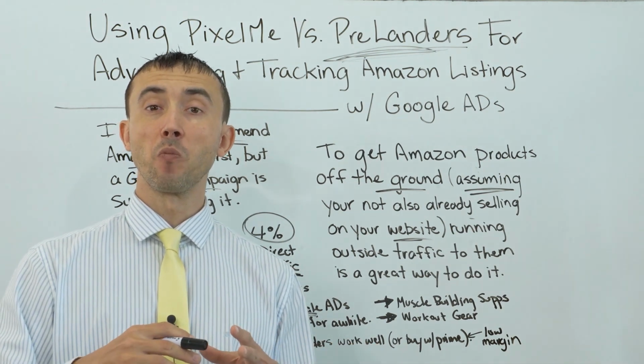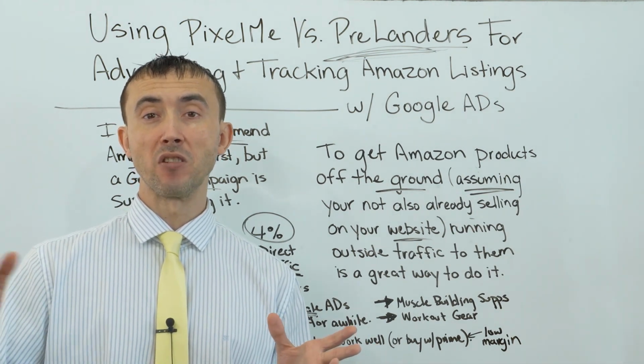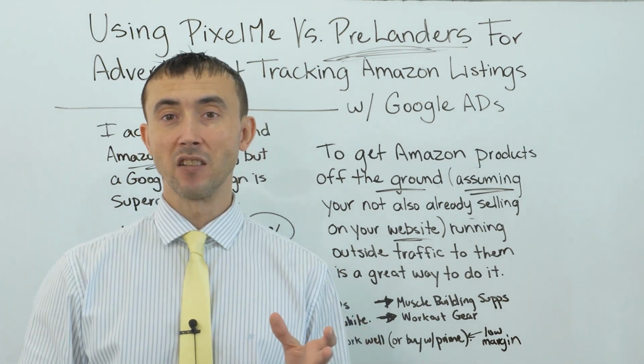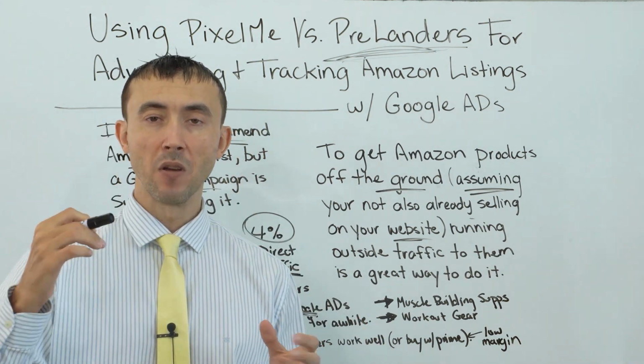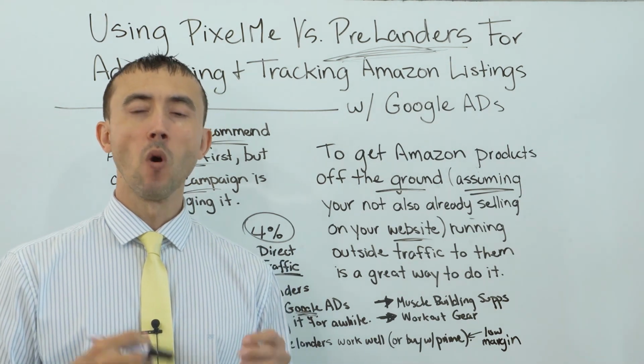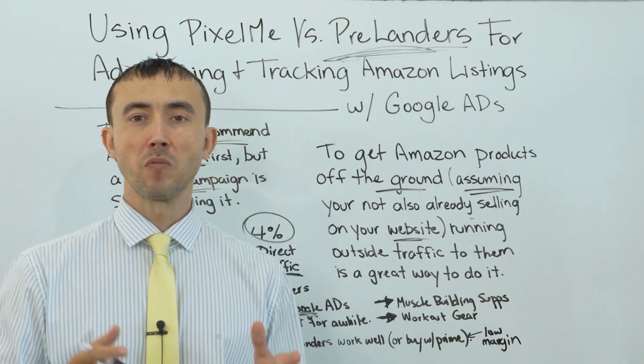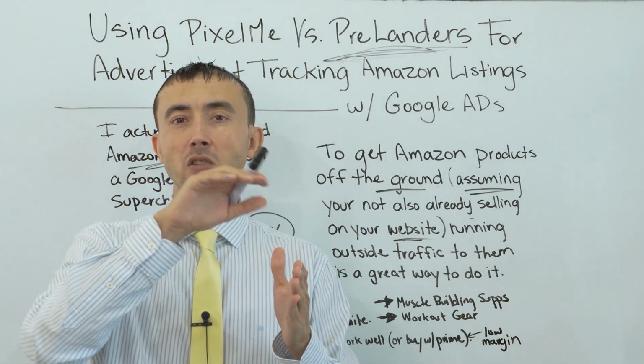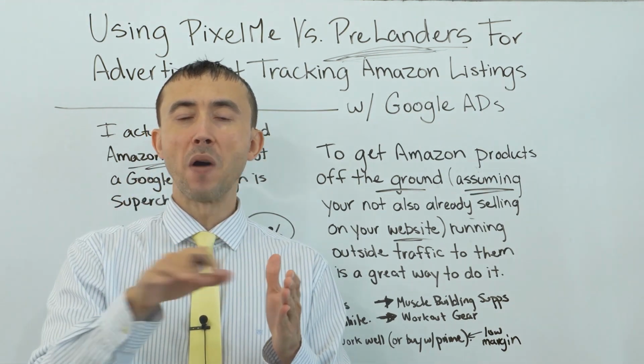That is, if you plan on running Google traffic at an Amazon campaign long-term, to not only get you ranked, but stay ranked, permanently at the top. For that matter, what you do with this pre-lander is basically a landing page as I just described, and it says, this product has great reviews on Amazon, buy it on Amazon.